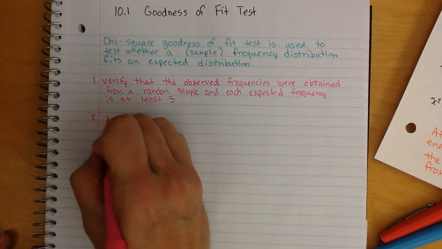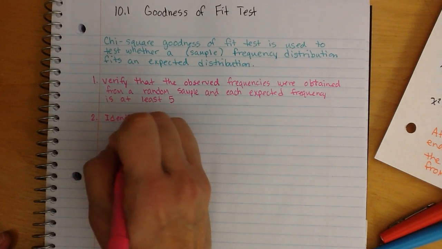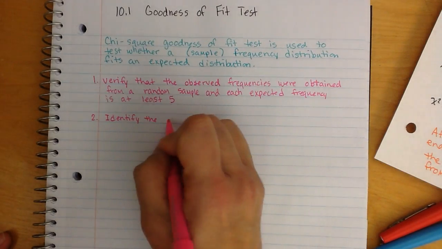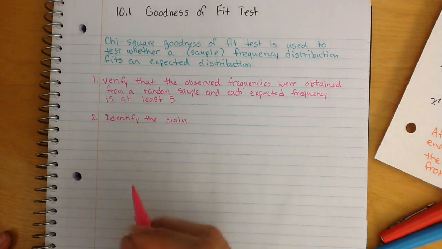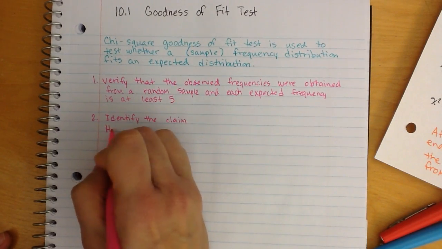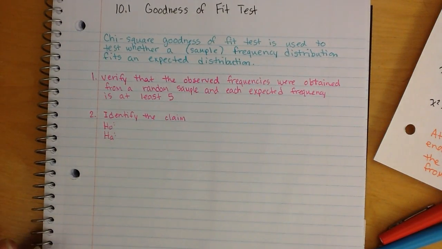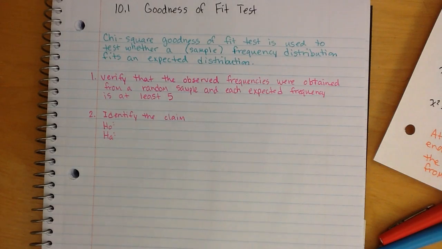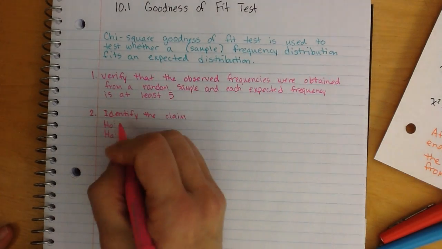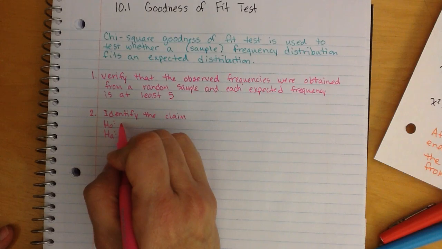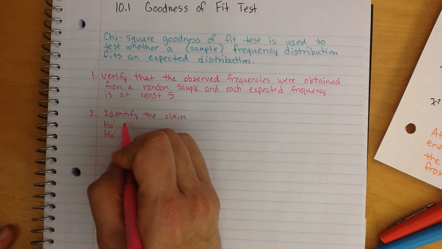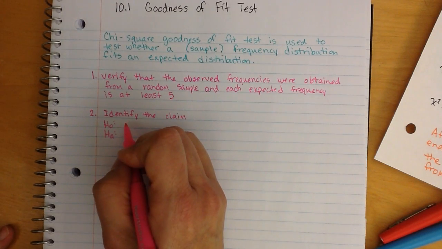Step 2 is identify the claim, and we're going to state H sub 0 and H sub A. Now there's really very little wiggle room for H sub 0 and H sub A. H sub 0 is going to be that the frequency distribution fits an expected distribution.